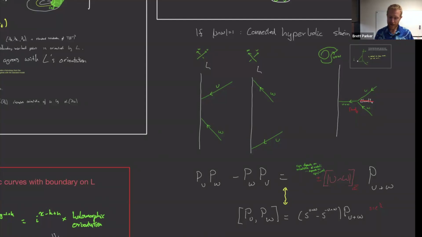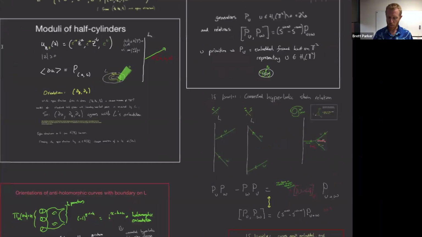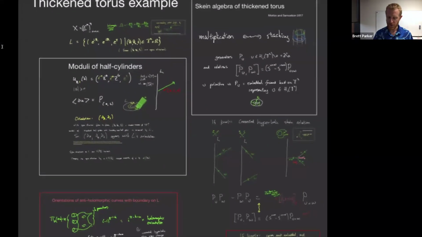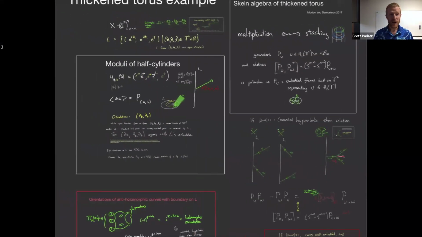And similarly, in this Morton and Samuelson business, the generators that are obvious are not everything, because if you have a non-primitive vector, that corresponds to something going around n times.